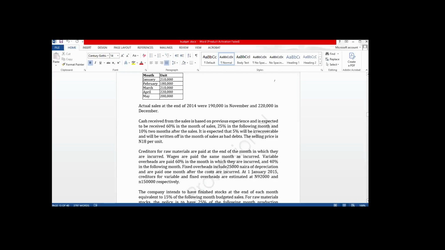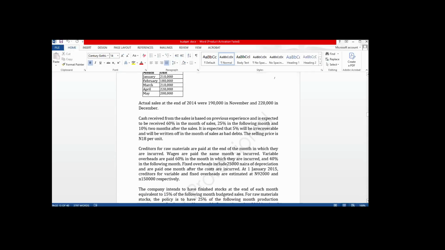It is expected that 5% will be irrecoverable, and this will be written off in the month of sales as bad debt. The selling price is 18 naira per unit.